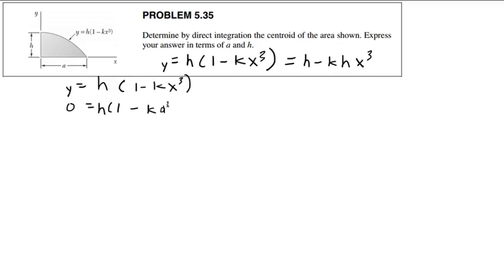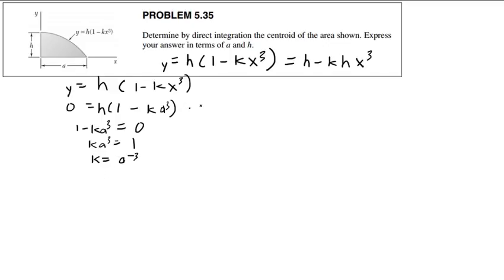Then 1 minus k a to the third equals 0, so k a to the third equals 1, and therefore k must equal a to the negative third power.